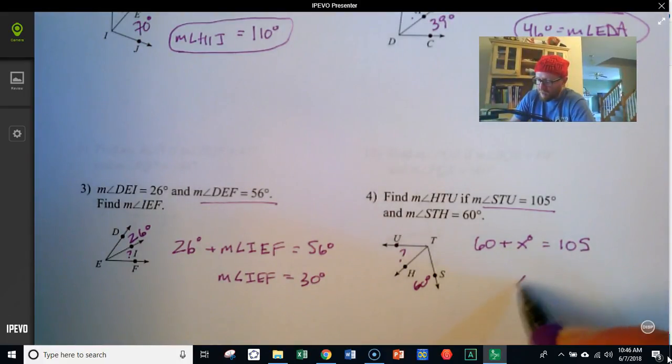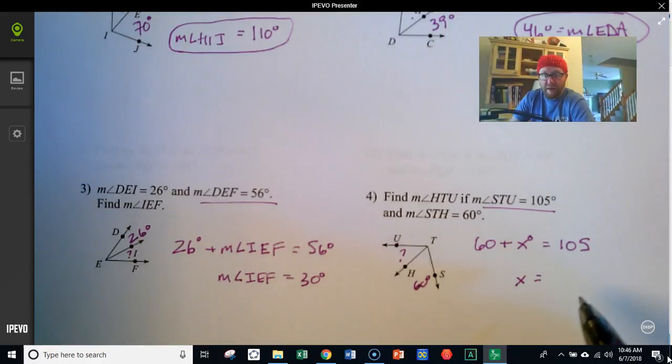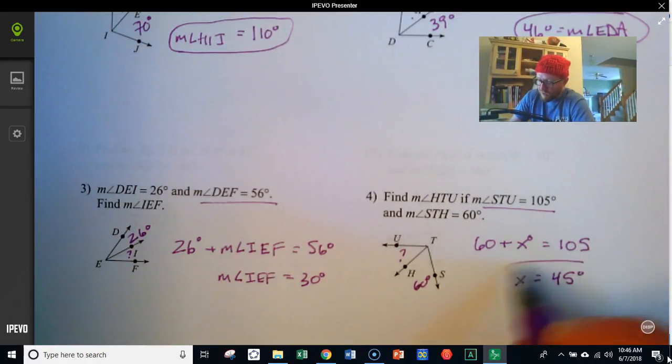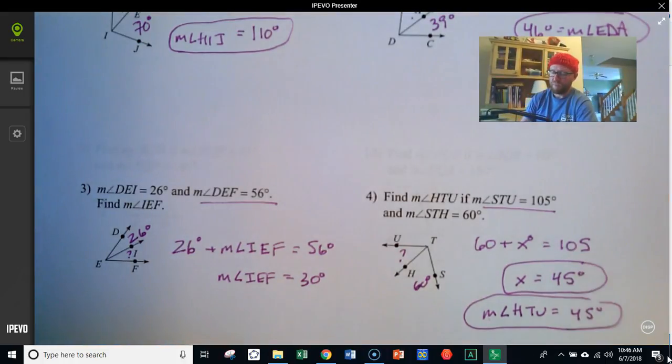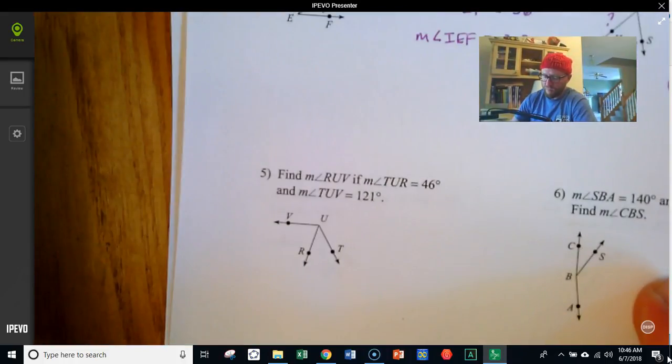Take 60 away from each side, and X equals 45 degrees. Or we should say X really is the measure of angle HTU. Just to be clear, that's what we were finding.